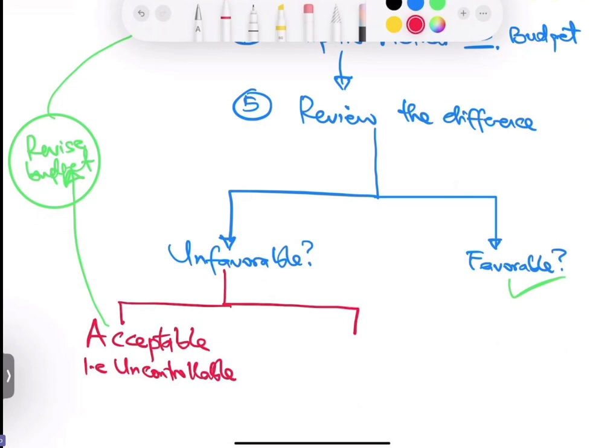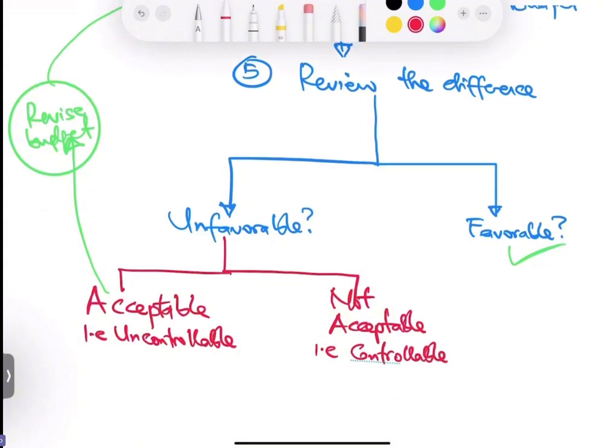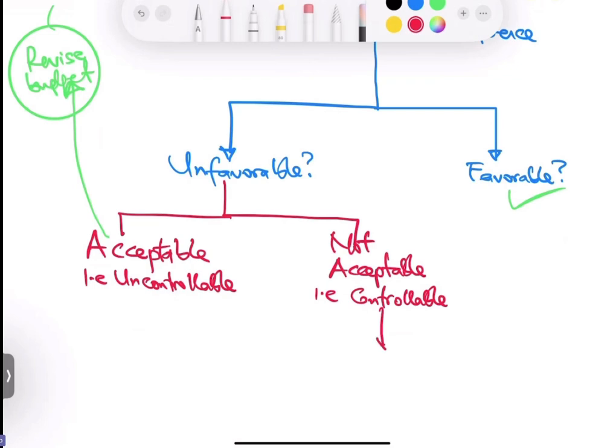However, if it is not acceptable, which means it is just due to poor performance, which means it is controllable, but this manager has just refused to perform. In that case, we have to take action.